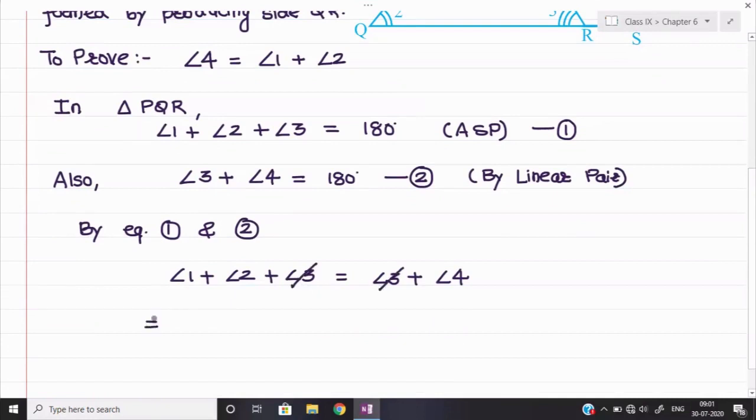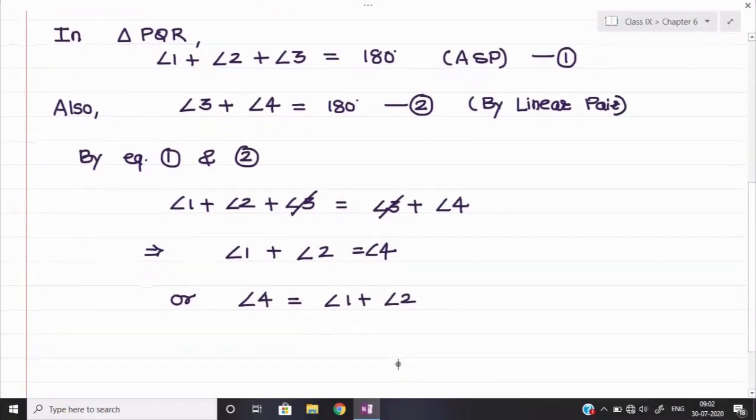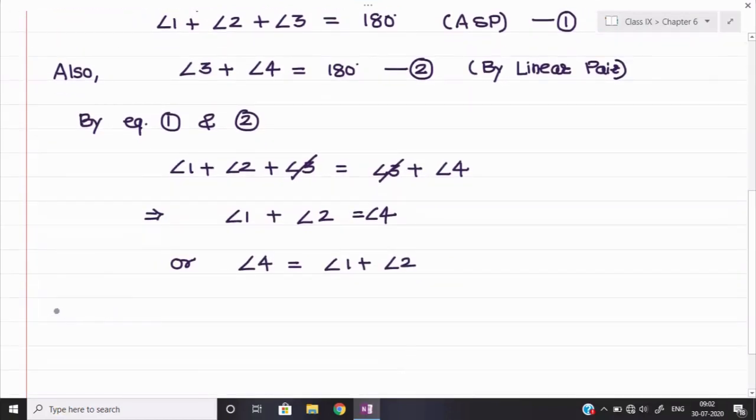So what do I get here? Angle 1 plus angle 2 will be equal to angle 4. Or I can say that angle 4 will be equal to angle 1 plus angle 2. And see, this only was required to be proved in the question.